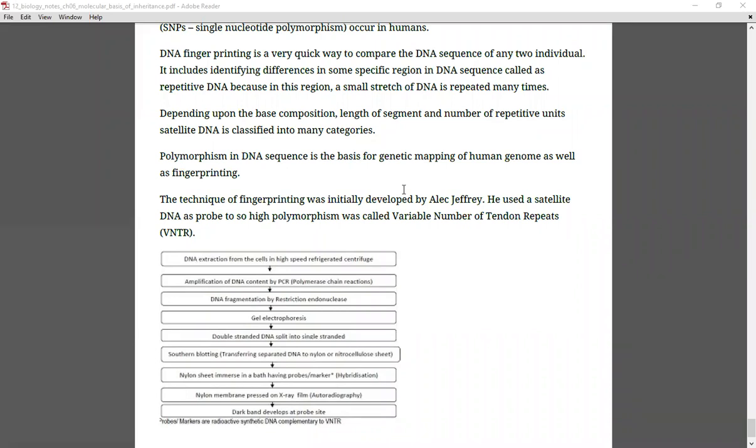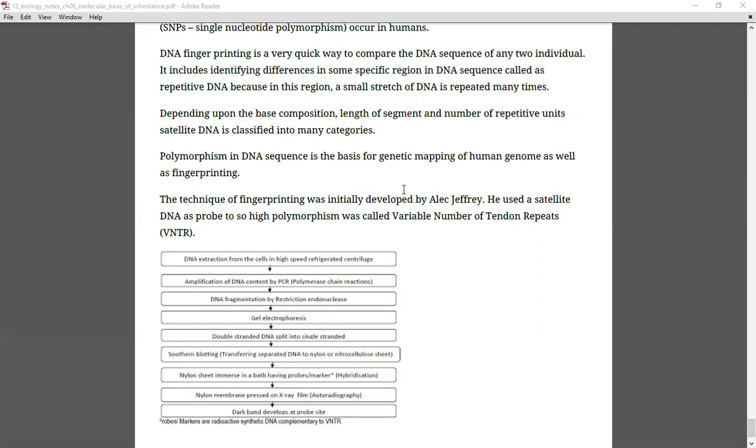DNA fingerprinting identifies those differences in those regions of the DNA sequence, and that is called repetitive DNA. So there will be presence of sequences which are often repeated in the DNA sequence.